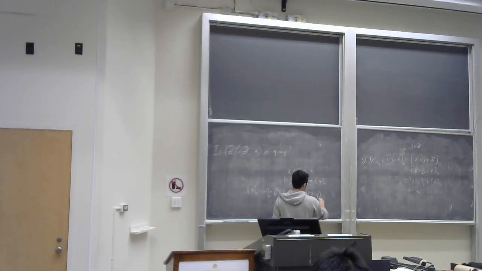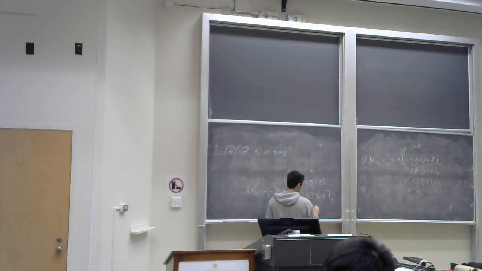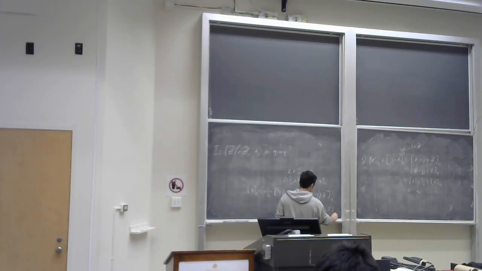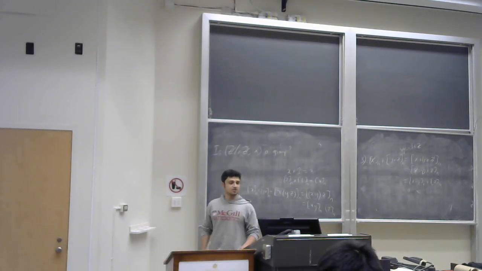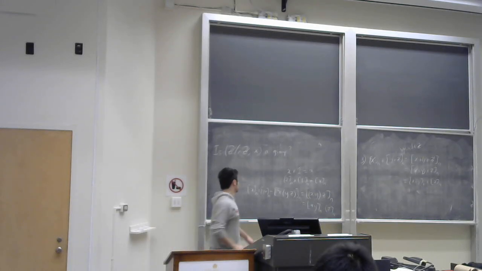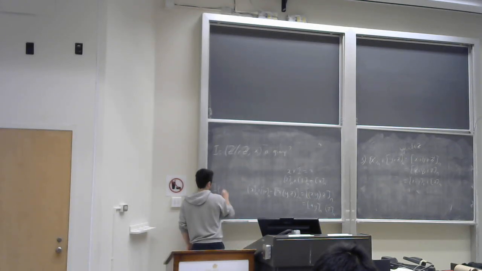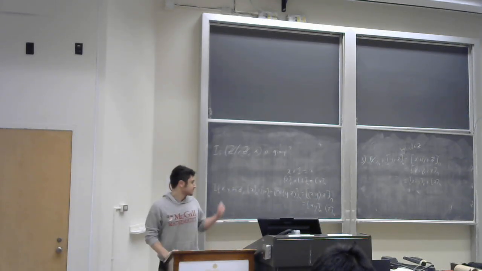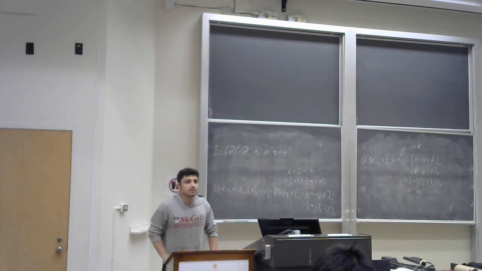Since x, y, and z are integers, I know that multiplication of integers is associative, and hence this multiplication is associative. Right? Yes or no? If x, y, z are integers, this is true, no? Okay.